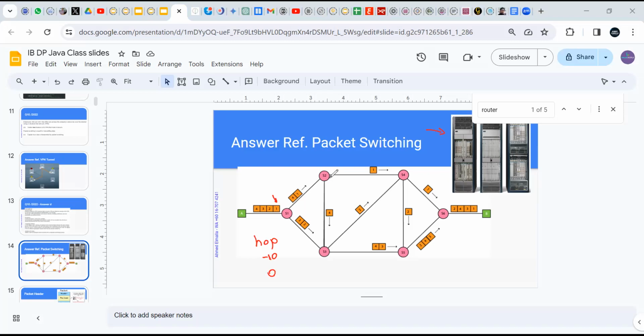Depending on the utilization of every router, it will decide which route the packet goes through. S2 may decide to give packet 1 to router 4, but for packet 4 it may decide to go through S3, and so on.